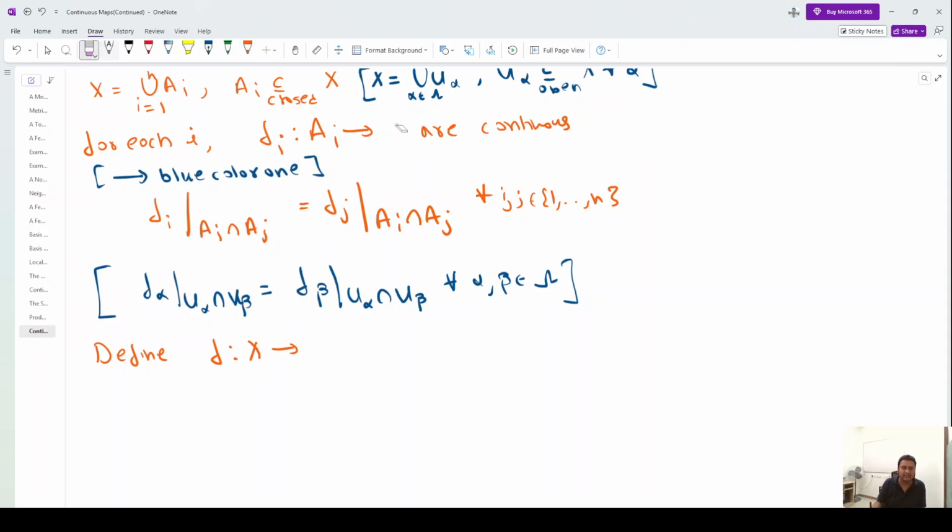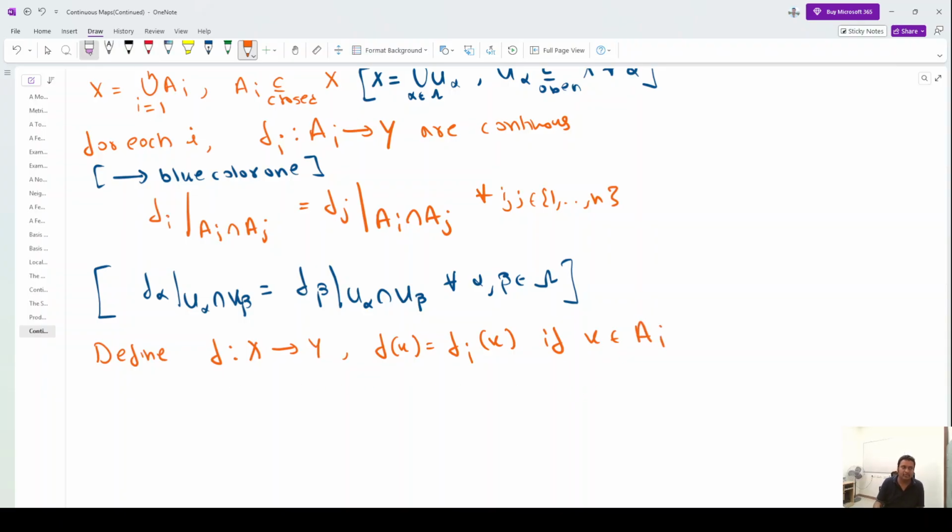It can be any other space, Y. So define f from X to Y as f of x equals f_i of x if x belongs to A_i.